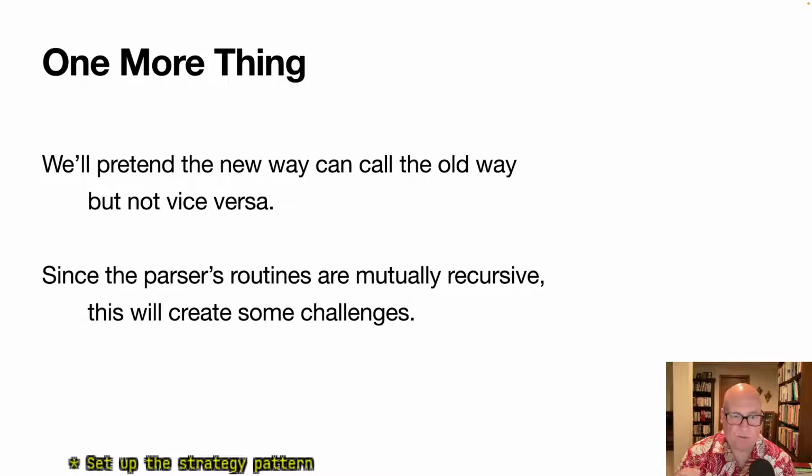And we have mutually recursive routines. So if you have an expression, it can be A plus B and so on, but it also could be A plus B plus a parenthesized expression. In other words, the factor grammar rule depends on expression, and expression depends on factors, so they're mutually recursive.